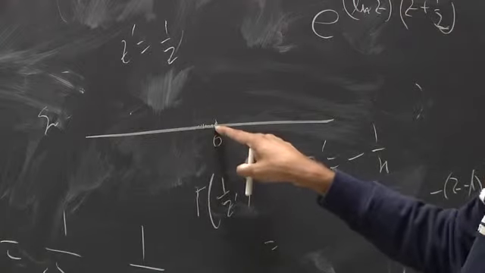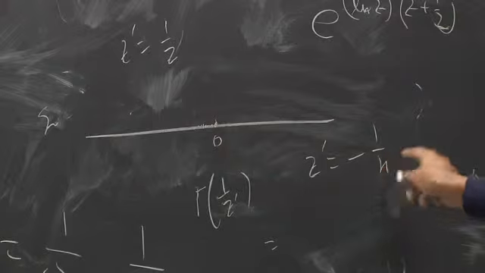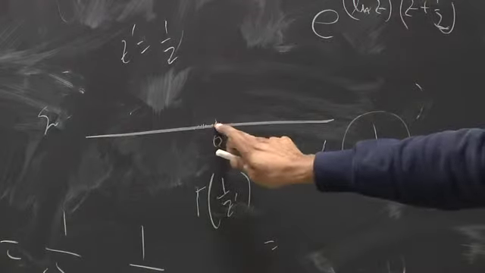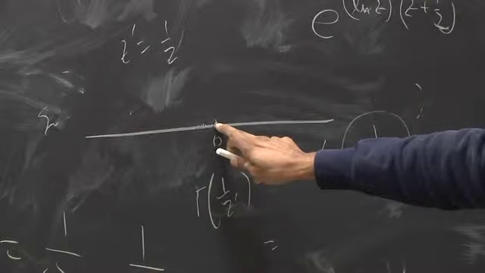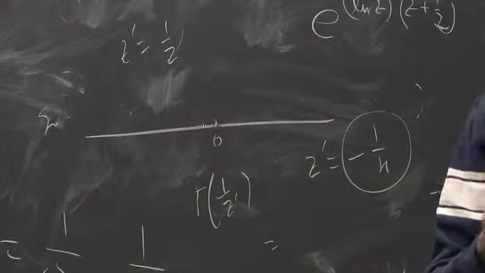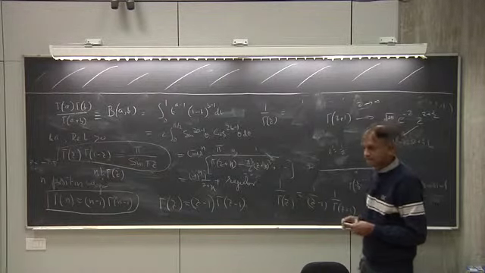There's an accumulation point here, right? If you look at this sequence of points, it has an accumulation point which is 0 itself. So in an arbitrarily small neighborhood of 0, there are infinities.